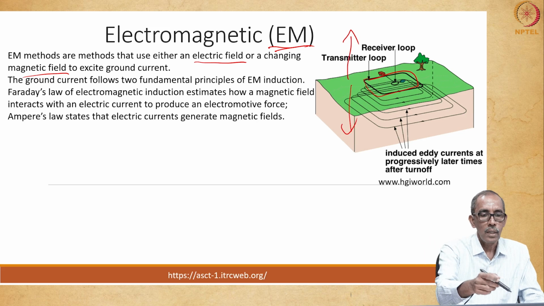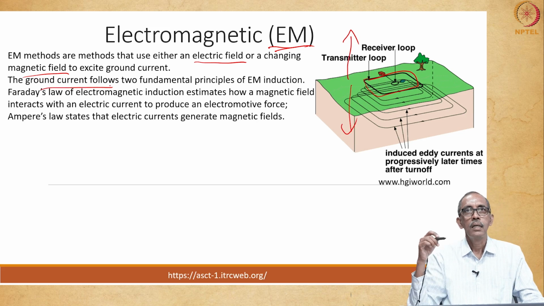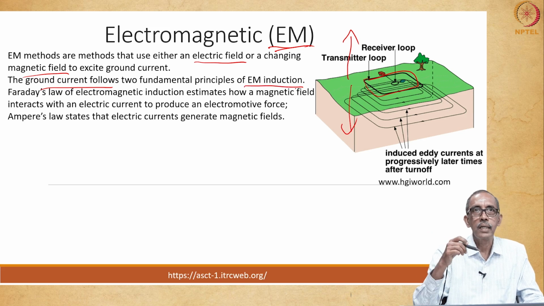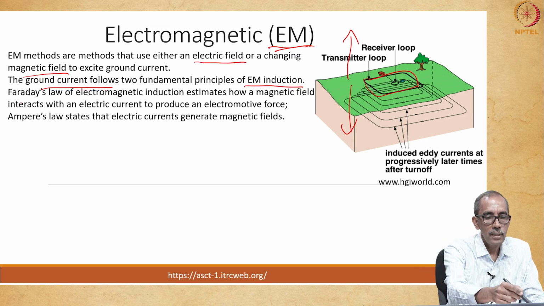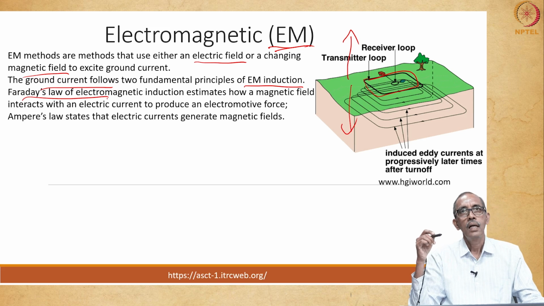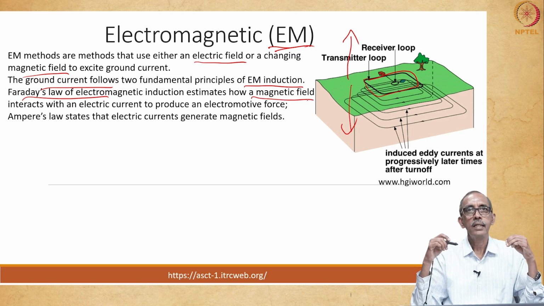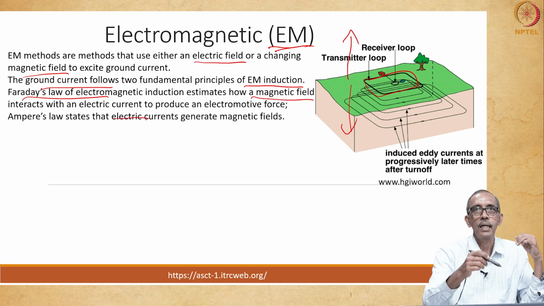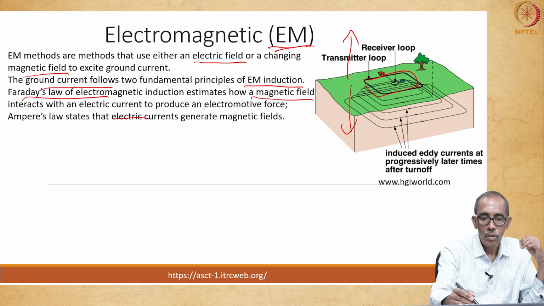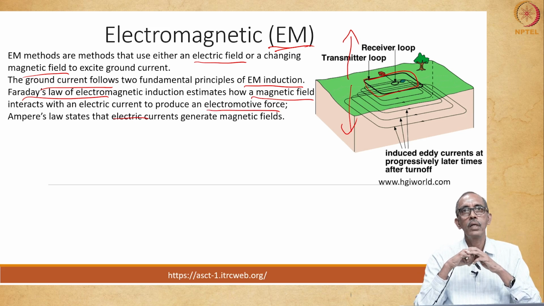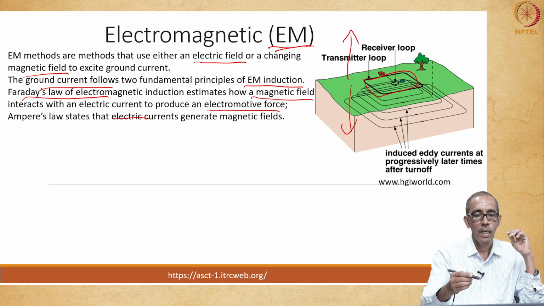This ground current actually follows two fundamental principles of electromagnetic induction. First is Faraday's law of electromagnetic induction, which estimates how the magnetic field interacts with the electric current and also produces electromotive force.